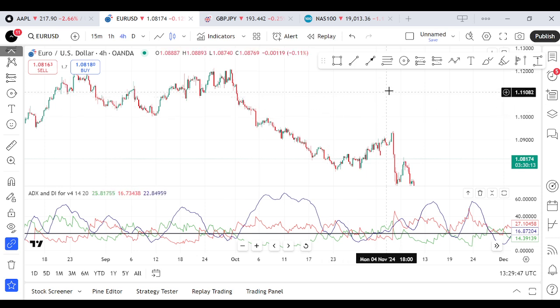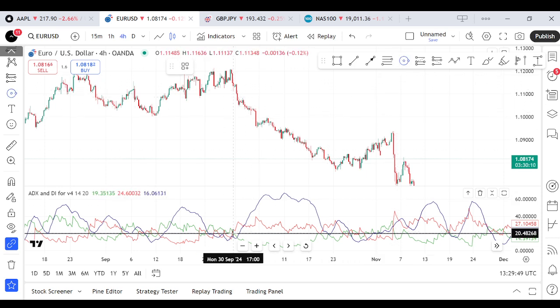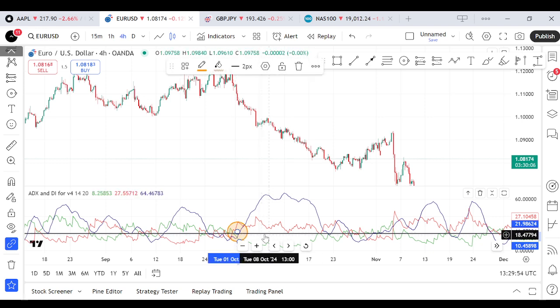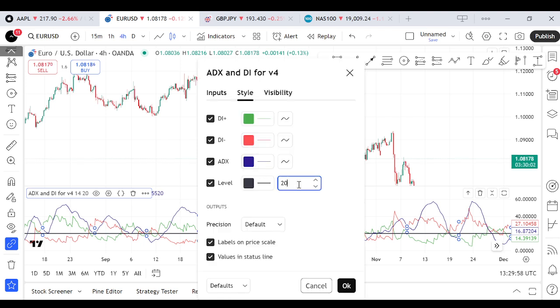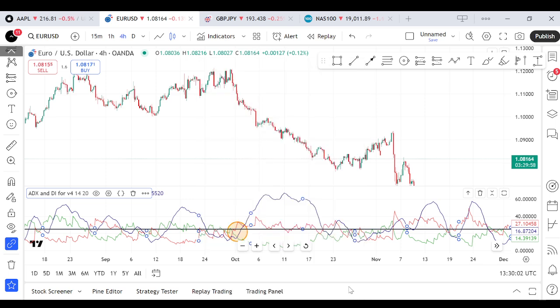So the first step is to wait for the ADX to cross above 20 or 25, which is this line here that I've marked. Let me use 25. Remember, above 25 means a strong trend. So we have the ADX crossing above 25 here.